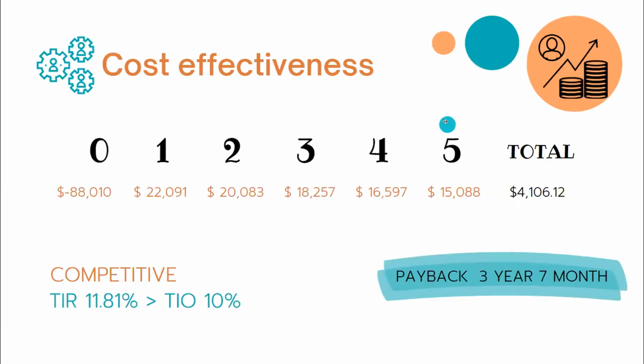For our cost effectiveness, we consider the unit price of the final product, in this case plastic bottles, and the unit price of the pellets, because the company can also sell the pellets to other manufacturers.